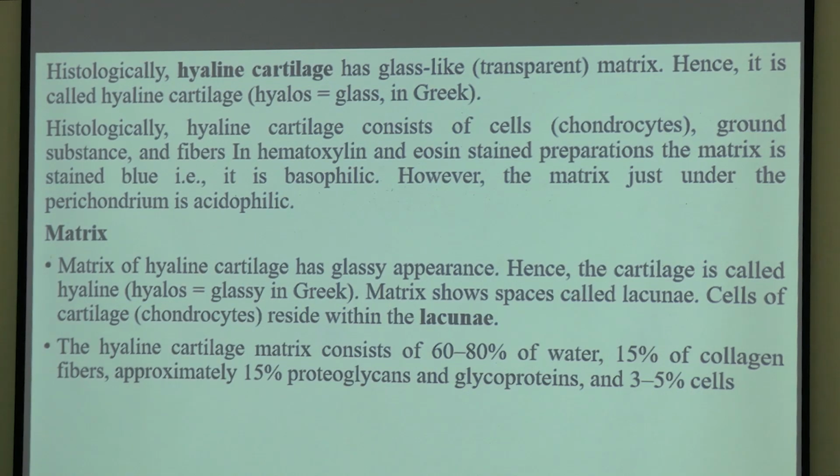Now, hyaline cartilage matrix consists of 60 to 80% water, 15% collagen fibers, and approximately 15% proteoglycans and glycoproteins. And some percentage of cells are there in the matrix of the hyaline cartilage.